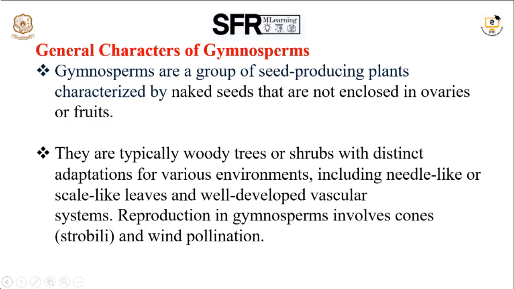Example, Sequoia sempervirens is the tallest tree present in the world, in California. It grows up to 150 meters. At the same time, in the opposite manner, the smallest plant is also present in the gymnosperms, for example Zamia. It grows only 11 inches.